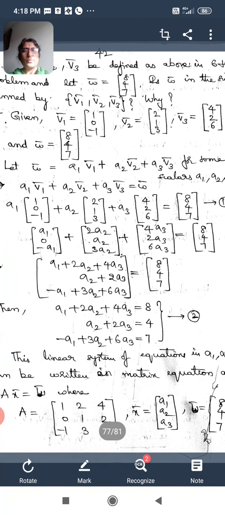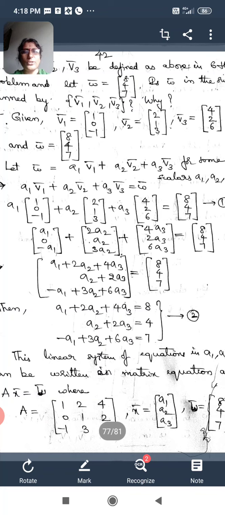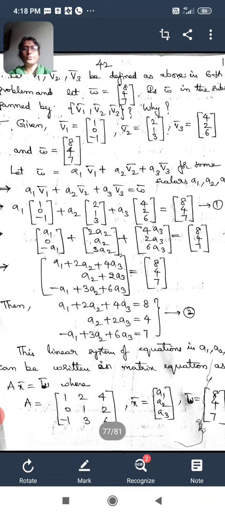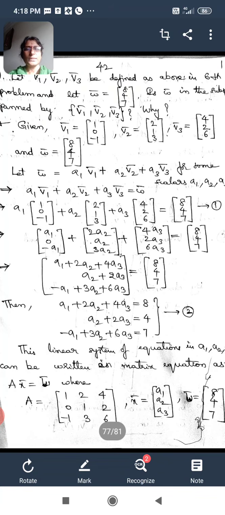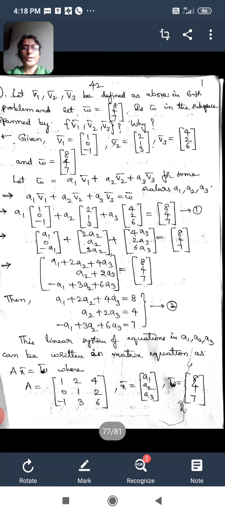So this linear system of equations in a1, a2, a3 can also be written in matrix form as A x bar is equal to w bar. We can simply write the whole system of linear equations as a simple equation, which is called a matrix equation, A x bar is equal to w bar, where capital A is the 3 by 3 matrix with the columns 1, 0, minus 1; 2, 1, 3; 4, 2, 6, and x bar is the variable matrix with the variables a1, a2, a3 taken in a column.